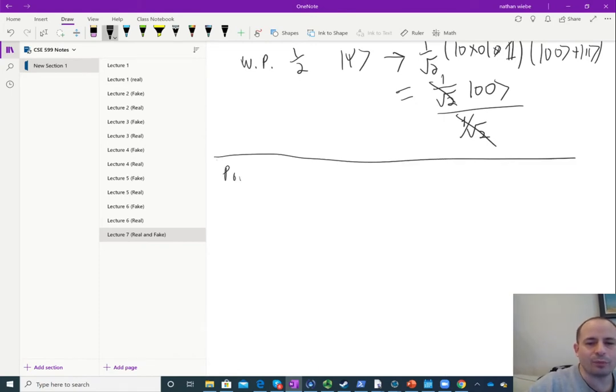It is the principle of deferred measurement. Nielsen and Chuang speak at length about this.